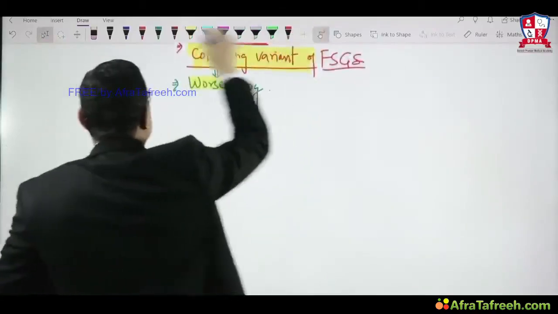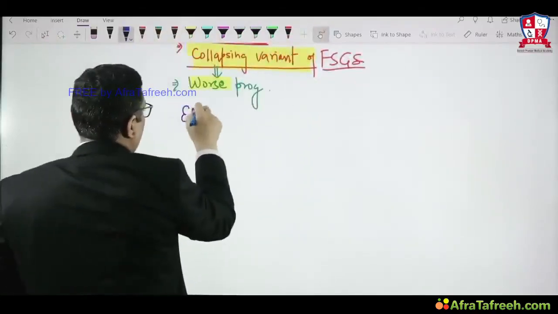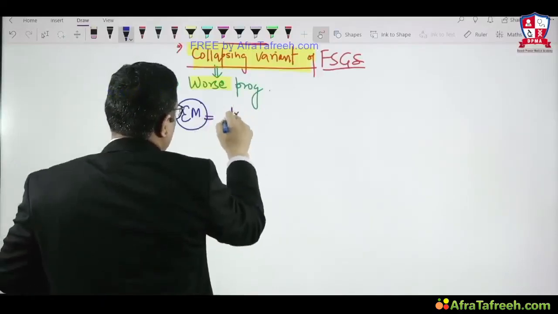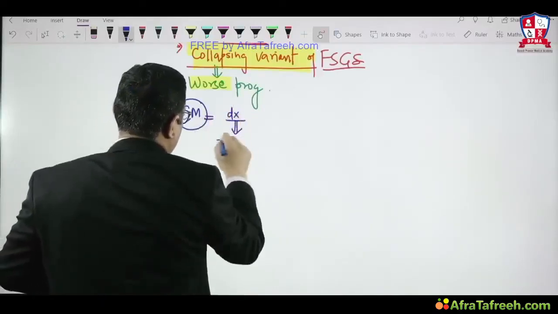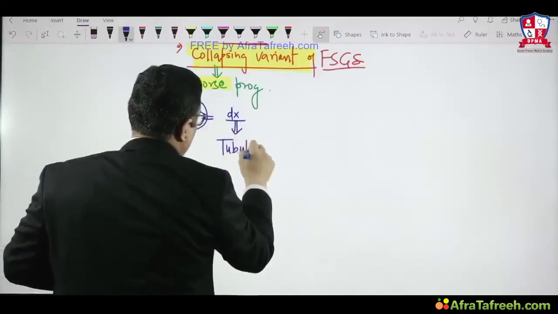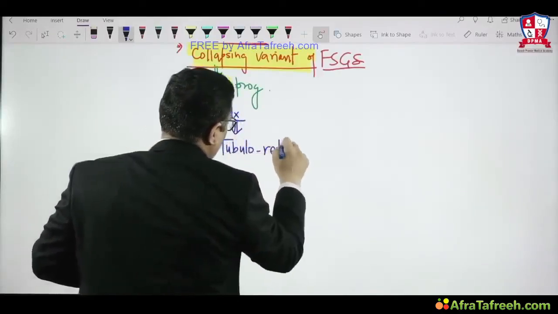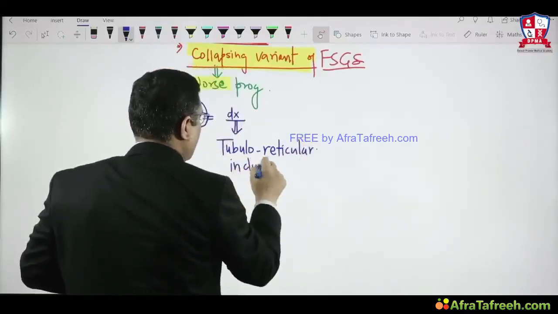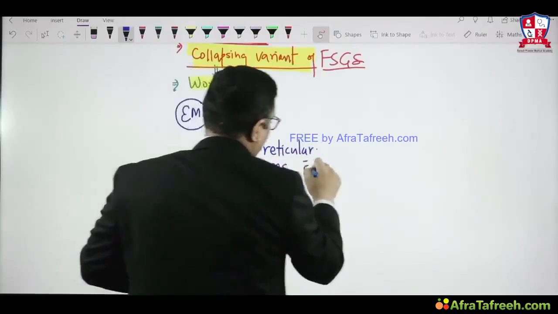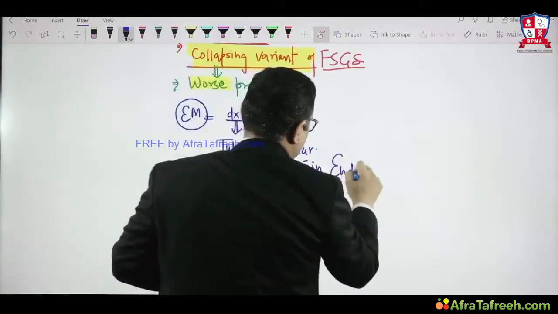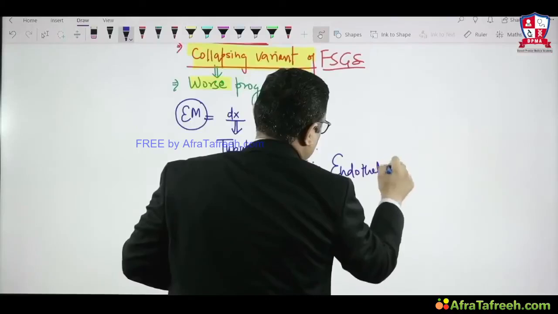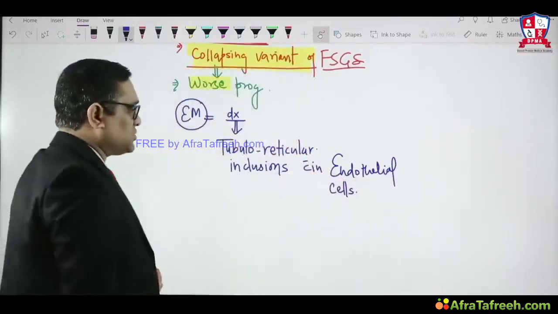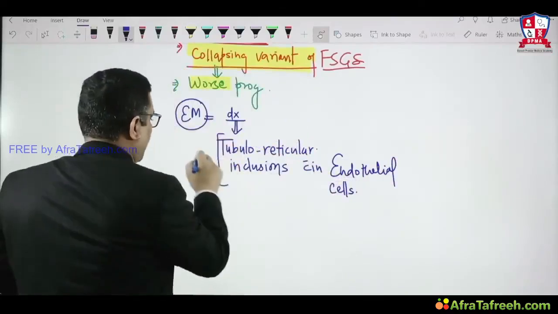Another important feature: on electron microscopy of HIV associated nephropathy, there will be one diagnostic finding, and that is tubuloreticular inclusions within the endothelial cells, which are formed of endoplasmic reticulum.